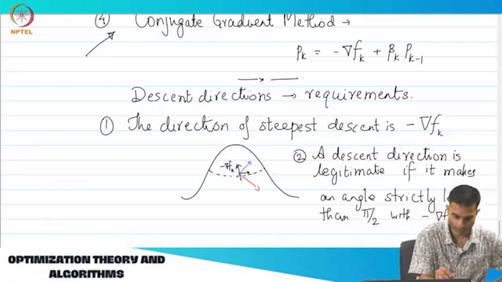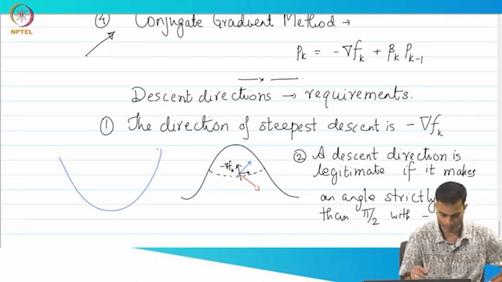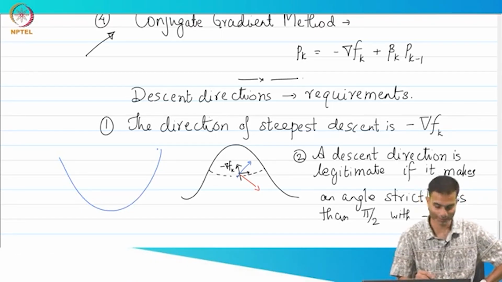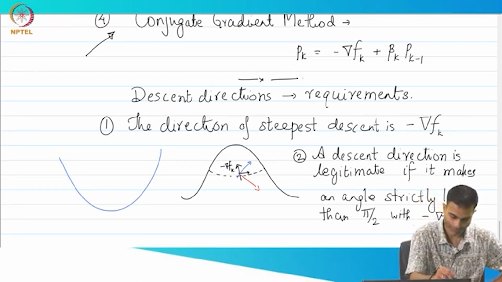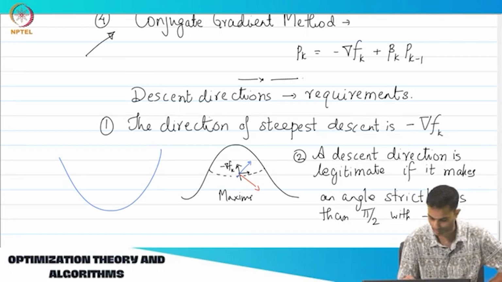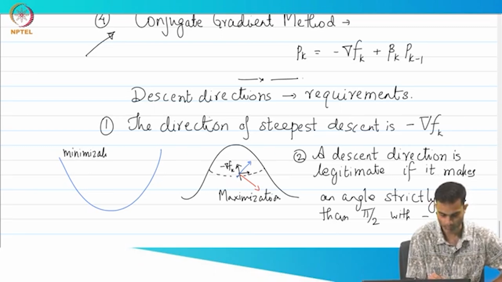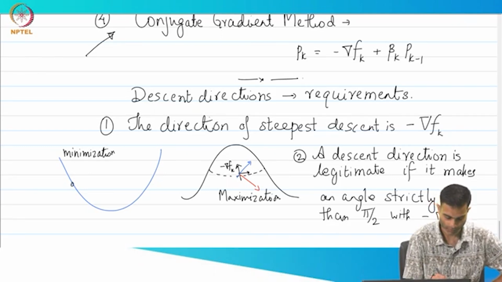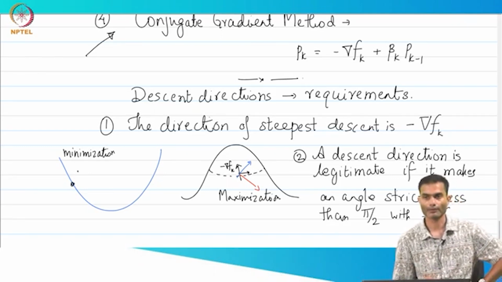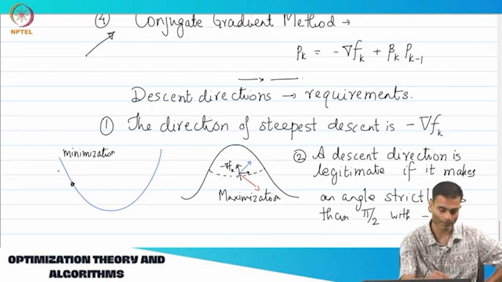Okay, so I hope I didn't confuse you by showing you a maximization problem. If this was a maximization problem and this is a minimization problem, right? So if I'm at this point, which way is the gradient increasing?